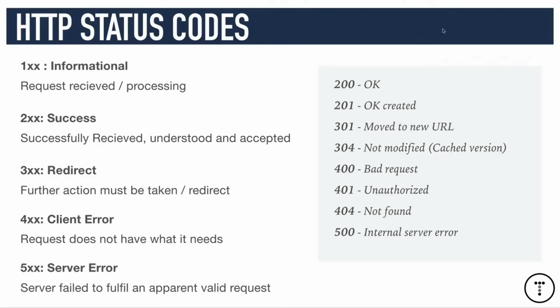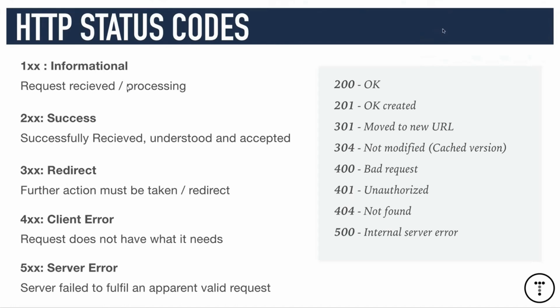HTTP status codes. Alright, so status codes are really important to understand, at least the most common ones. So basically you have a range from 100 through 500. So 100 is informational, which means the request has been received and the process is continuing.